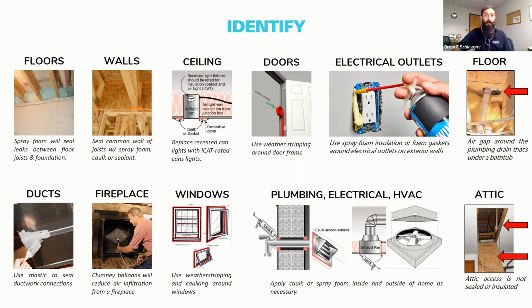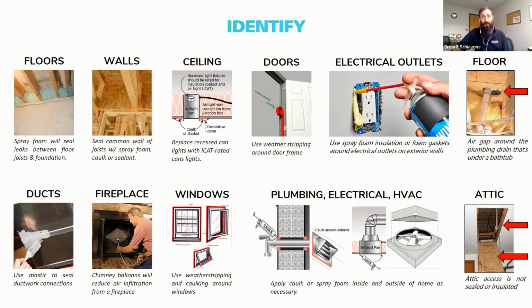But that's one thing you can look for in the ceiling, among other things too, gaps and cracks, more traditional gaps and cracks around doors and windows. Weather stripping is very useful. Electrical outlets, believe it or not, you can have quite a bit of airflow around those. They do sell gaskets and neat little insulating products for that. If you go through wherever you shop at Walmart or Home Depot, you can buy different gaskets, or you can use a spray foam like shown in the picture here for that electrical outlet.